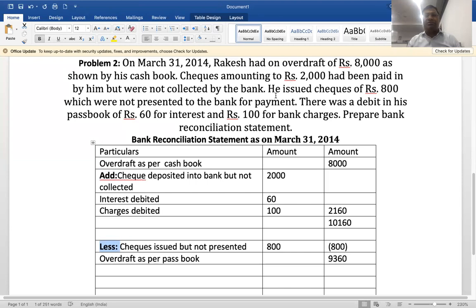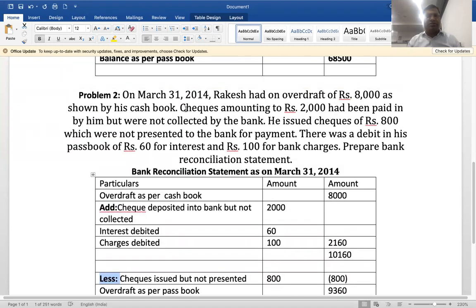Checks amounting to 2,000 had been paid in, or deposited. Paid in by him means deposited into bank, but the bank did not yet collect the amount. So this amount is 2,000, right?